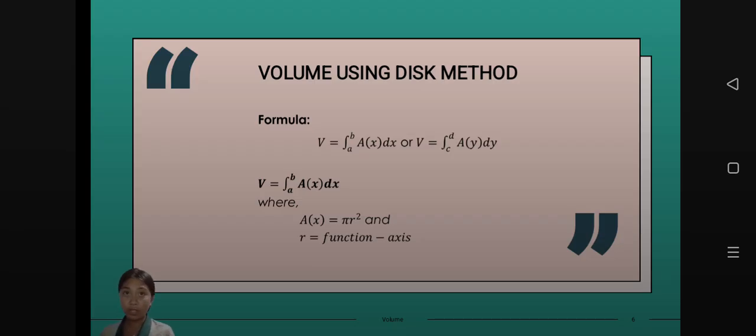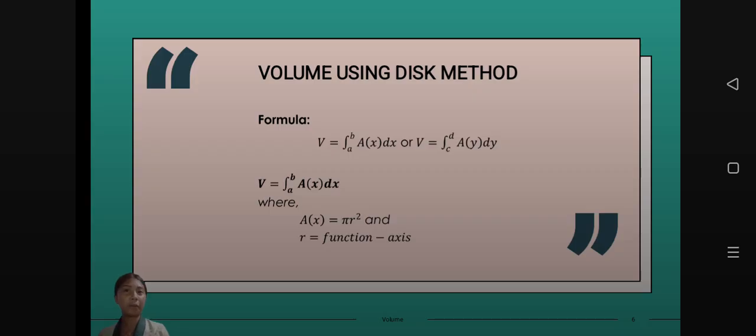We need to substitute the value of r times w in the formula. So we have here 2 pi, the integral from 0 to 1, of y times negative 2 sine inverse of y plus pi dy. We need to factor out 2 pi since it is just a constant.